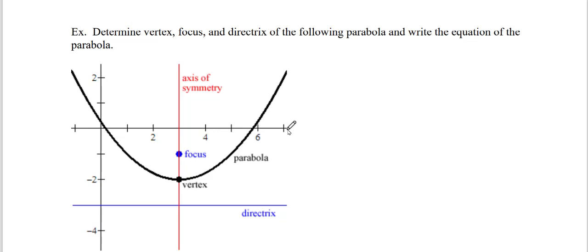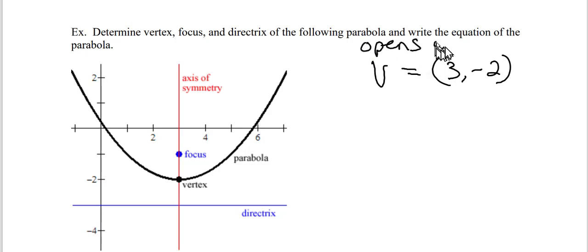All right, here we have a picture of a parabola. It asks us to find the vertex, the focus, and the directrix, and write the equation of the parabola. Start with the vertex. That appears to be at 3, -2. It opens up. That's an important thing. The focus appears to be at 3, -1.